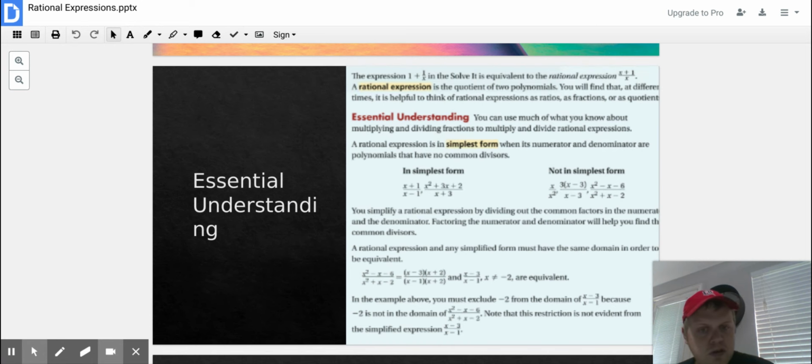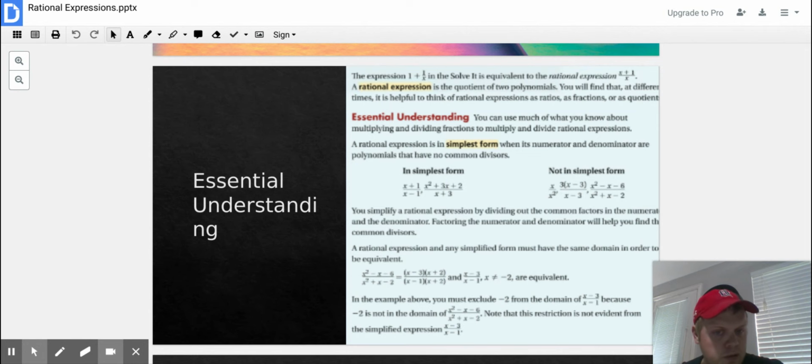Once you factored those, you'd have x minus 3 and x plus 2 on top, and x minus 1 and x plus 2 on the bottom. You'd notice they both have x plus 2 on top and bottom, so we cancel out the same factors, simplifying it down to x minus 3 over x minus 1. And because x plus 2 cancels out, we then know that x cannot equal negative 2, because that's the one that we canceled out.